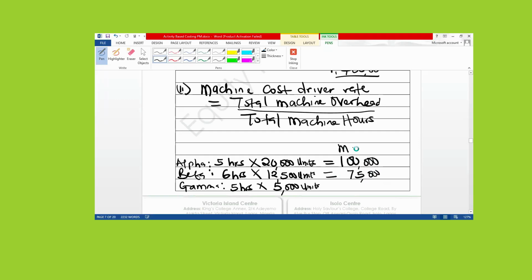Here I have 25,000 hours. That total will now give me 200,000 hours of machine. That is how the examiner got 200,000. In case you are not given, you can calculate it yourself.